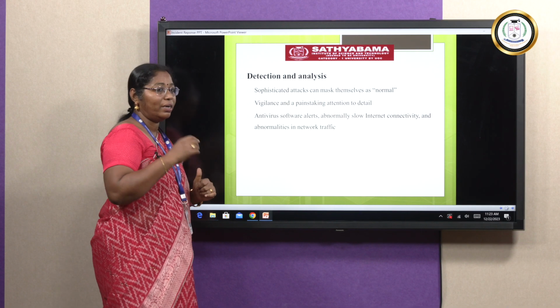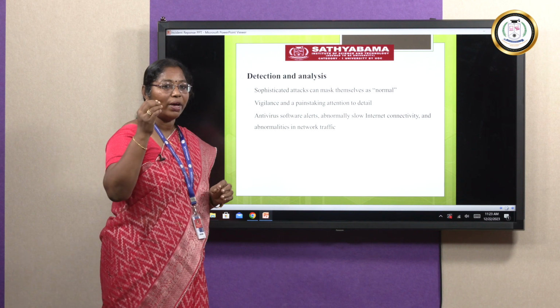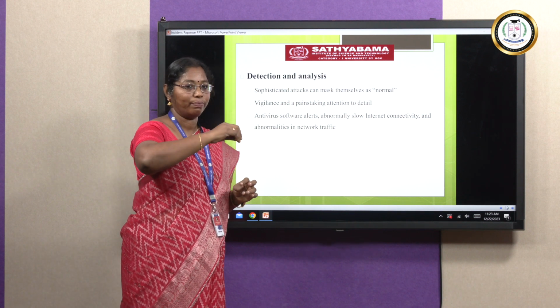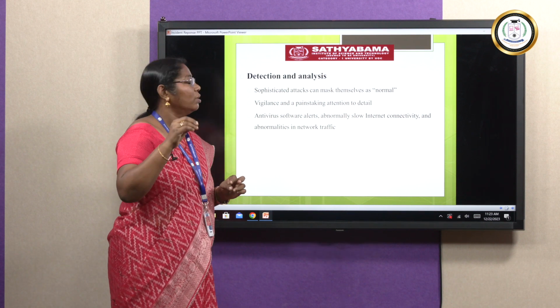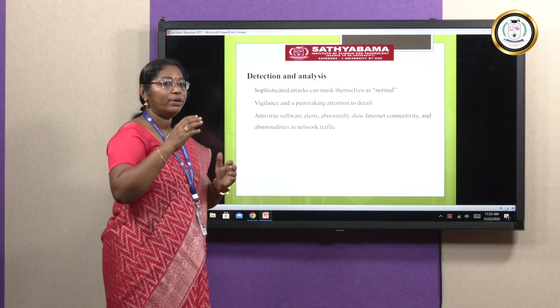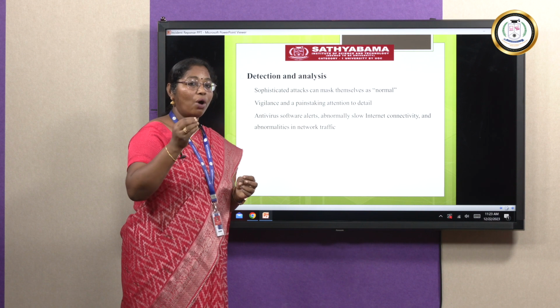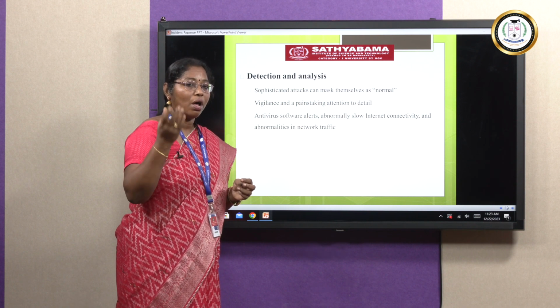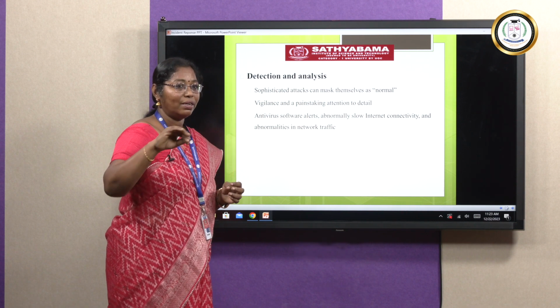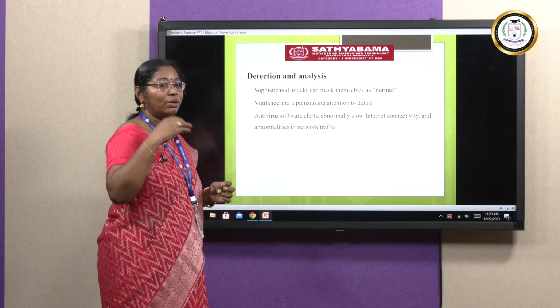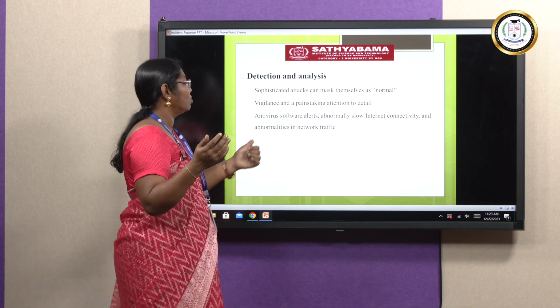So we need to detect the root cause, and after detection we have to analyze where it is, how we will detect it, and how we will recover from it with the help of software.